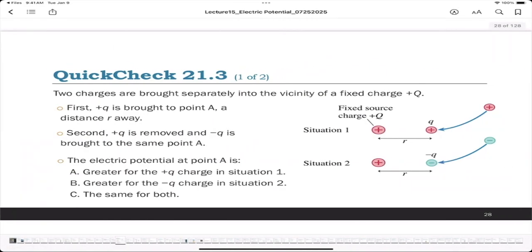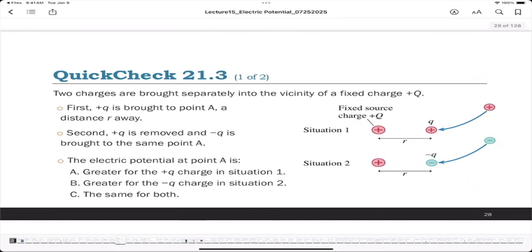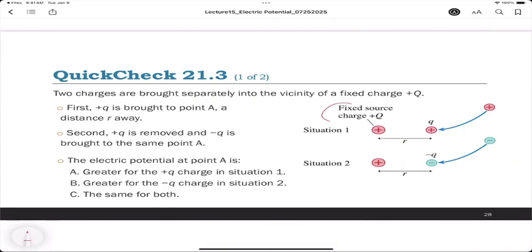Let's view some quick check questions. Two charges are brought separately into the vicinity of a fixed charge, positive Q. This is the fixed source charge. First, a positive small q is brought to point A, a distance r away.